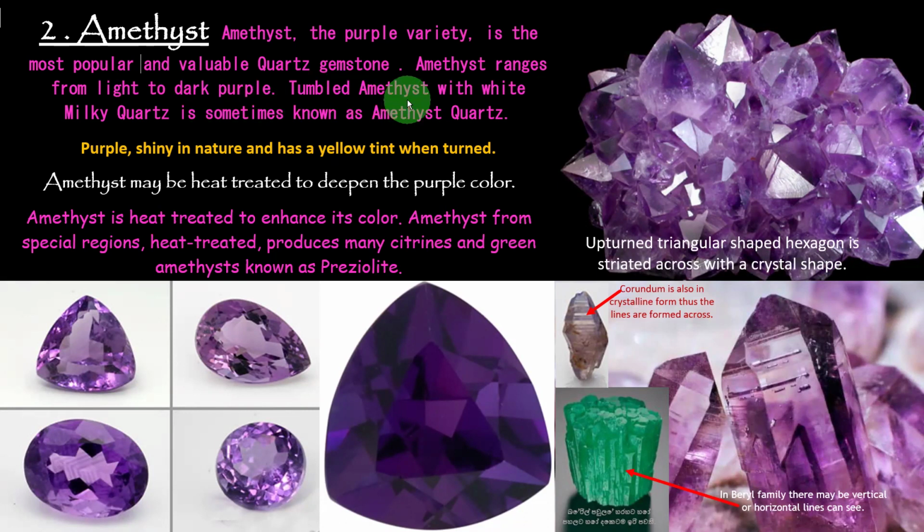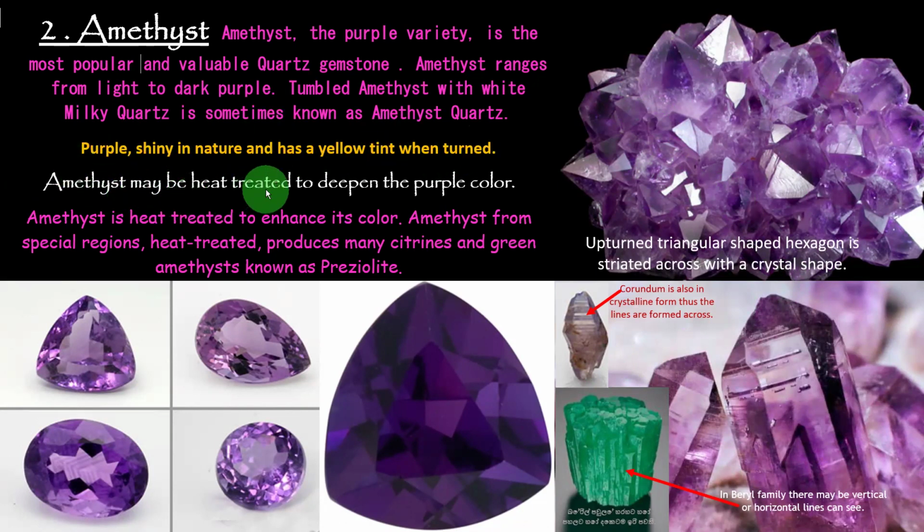Tumbled amethyst with white milky quartz is sometimes known as amethyst quartz. Look at this amethyst cluster. Look here: purple, shiny in nature, and has a yellow tint when turned.